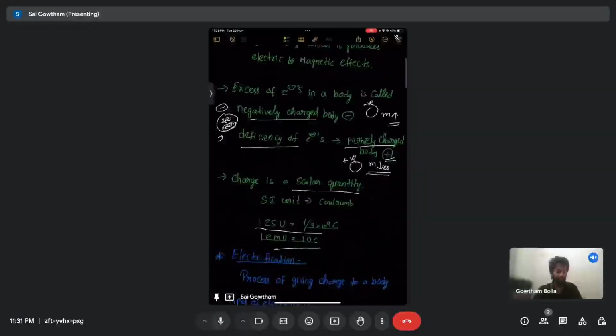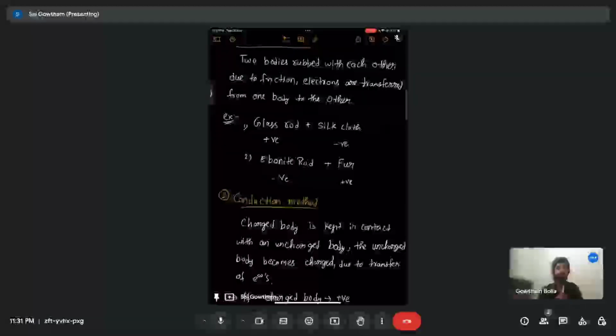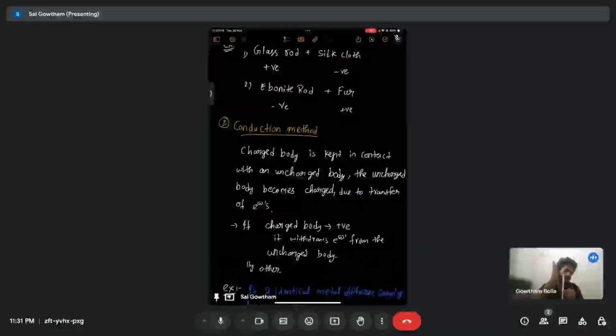Now, let us see the second method of electrification, that is the conduction method. If a charged body is kept in contact with an uncharged body, this is a charged body and this is an uncharged body, then due to this contact, the charge will get transferred.